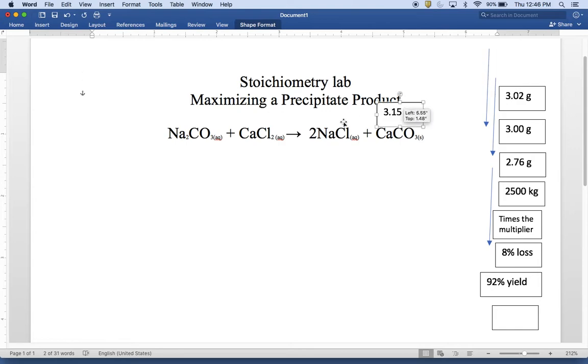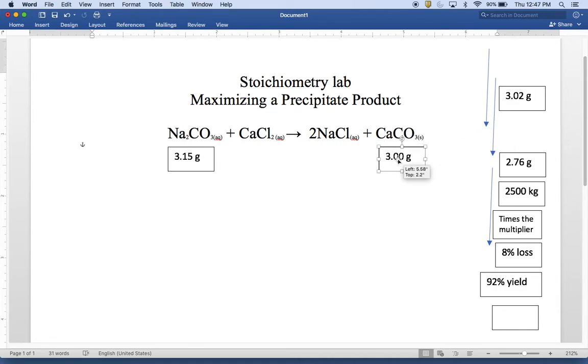Let's say that you started with 3.15 grams of the limiting reactant, sodium carbonate. And you did the first step of the calculations, which is that you determined how much of the product we should make based on 3.15 grams. And let's say you came up with 3 grams.